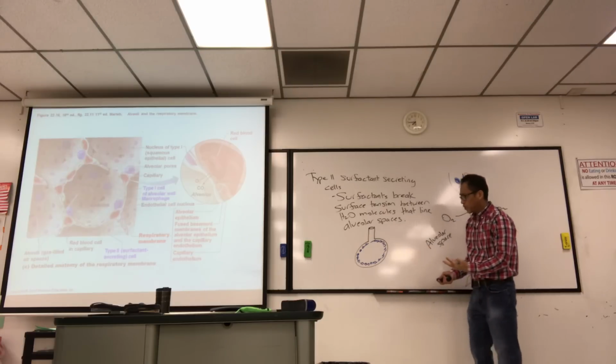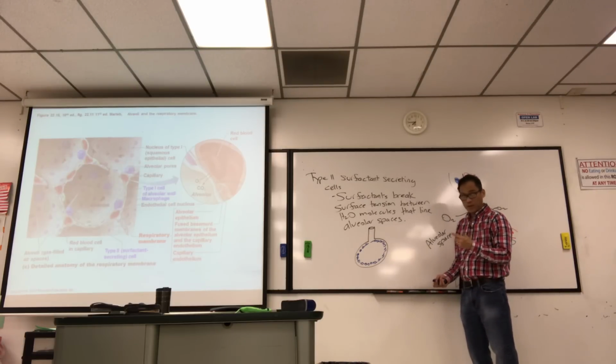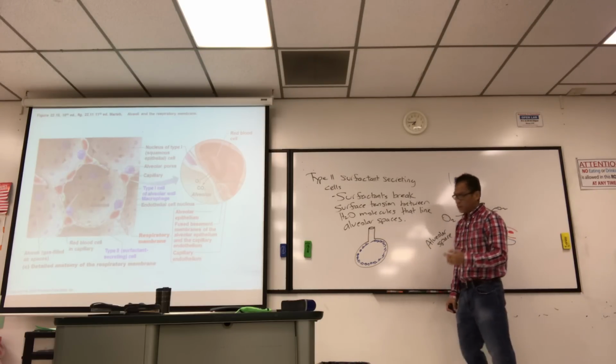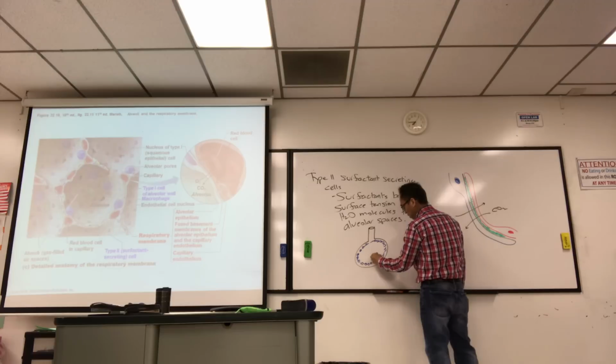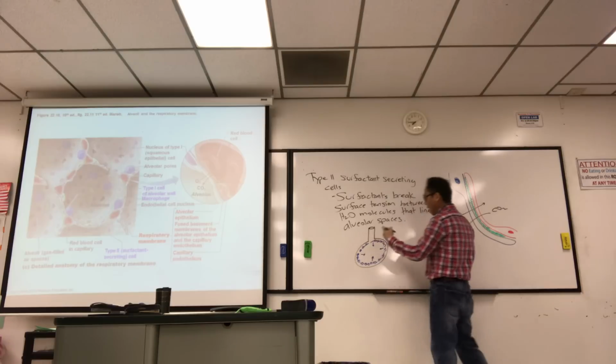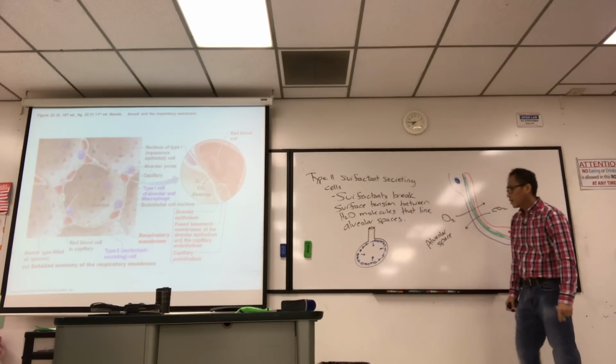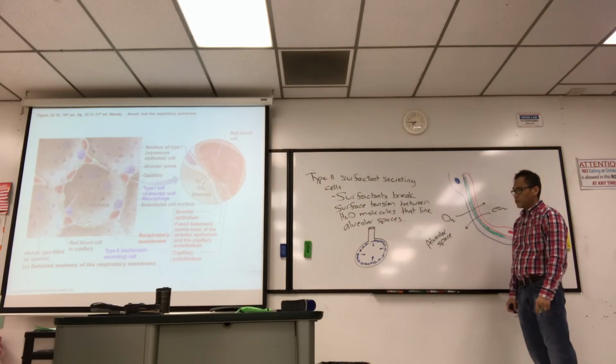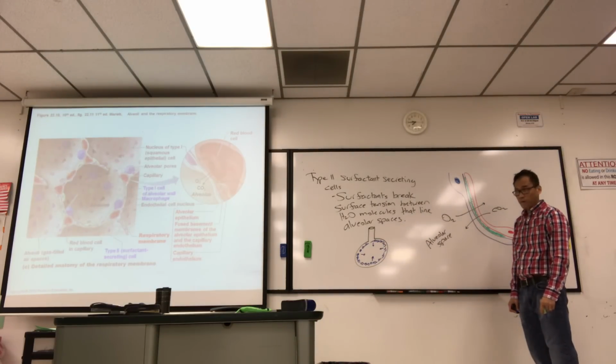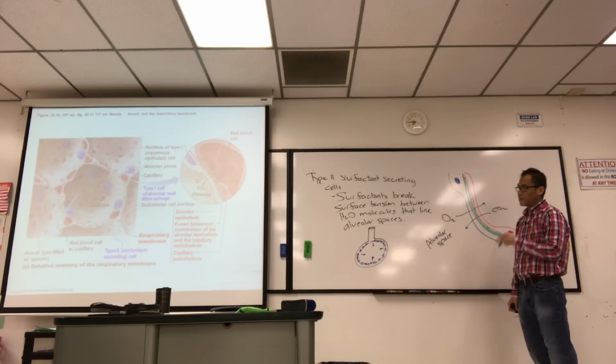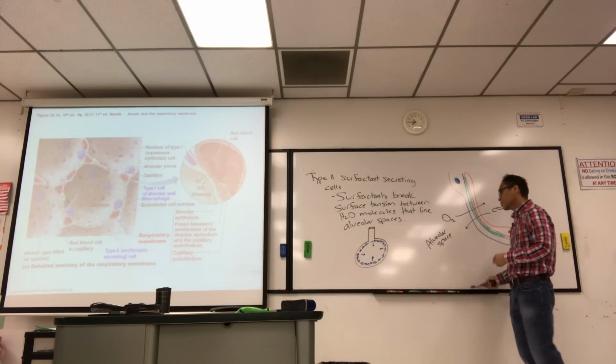They're attracted to each other, but because they're arranged in a circle, it creates an inward force. So it's like they want to collapse the space that they're in. And you have to break that surface tension to inflate the alveolar spaces with air. So that's what surfactants do. They basically intersperse themselves in between water molecules.